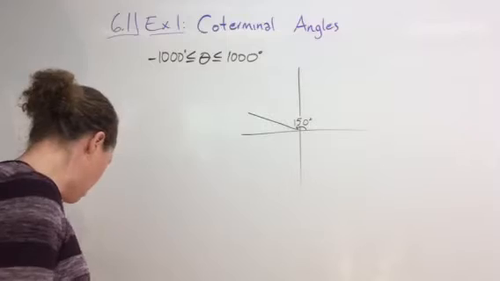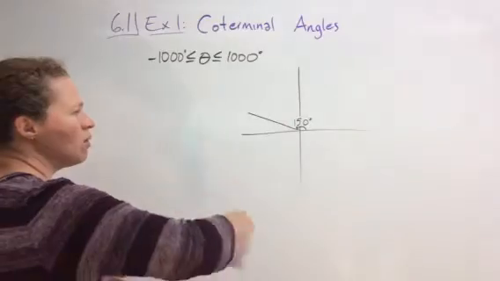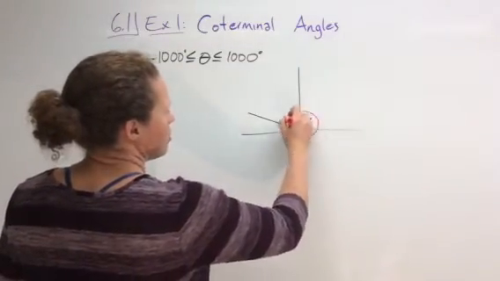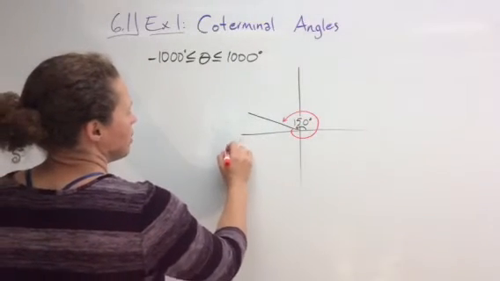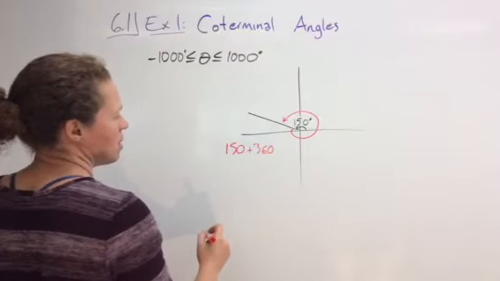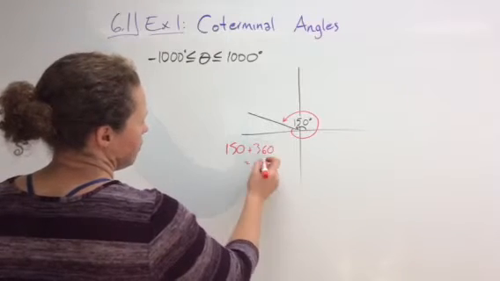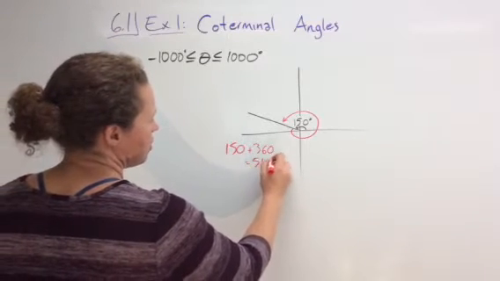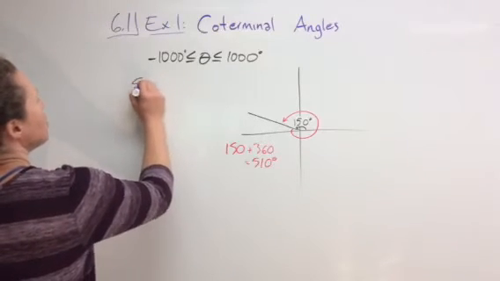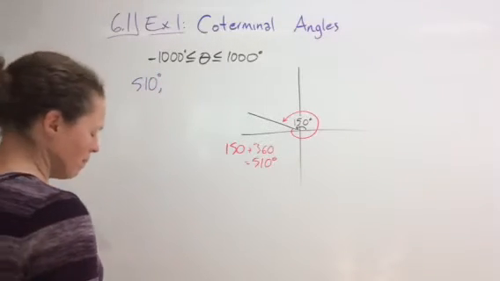Let's use red. Why not? So we've got our 150 degrees, and we can go forward until we reach 1,000 degrees. So I can rotate this around again, which would be 150 plus 360 degrees. That's going to give me my first one. So 150 plus 360 is 510 degrees. Let's keep track of these up here. I've got 510 degrees, but I haven't reached 1,000 yet, so I'll give it another try.